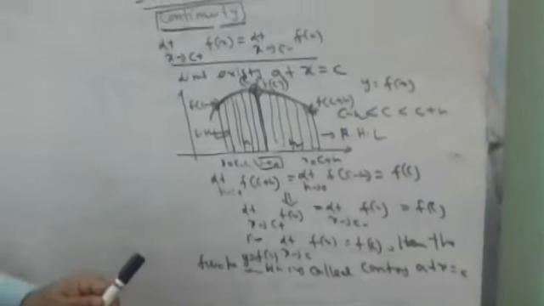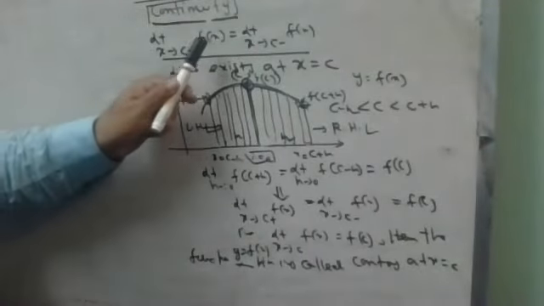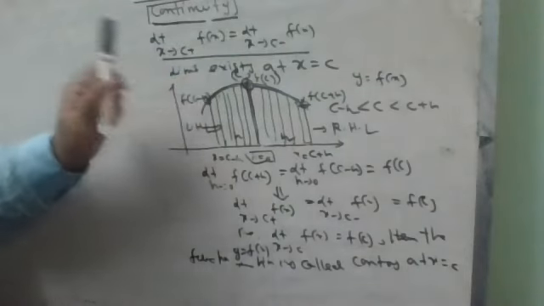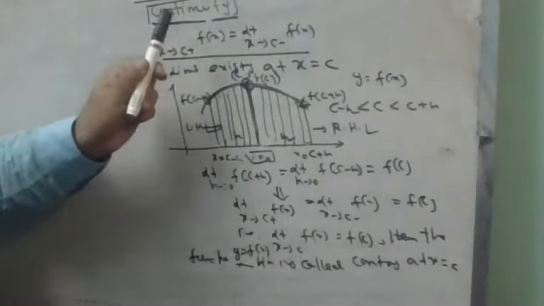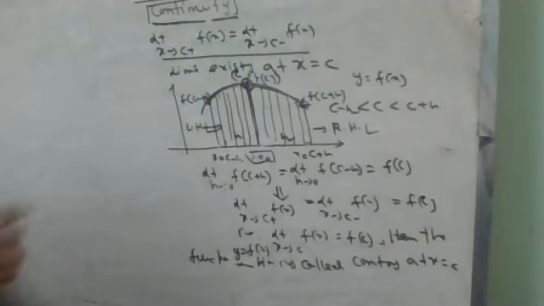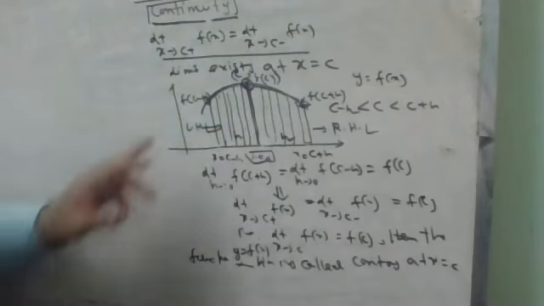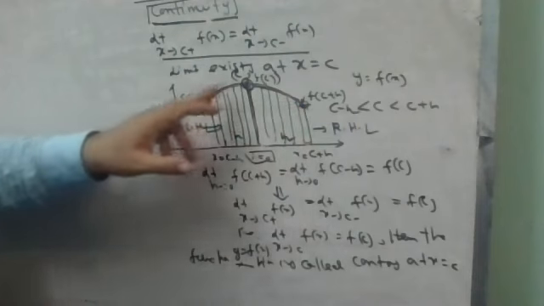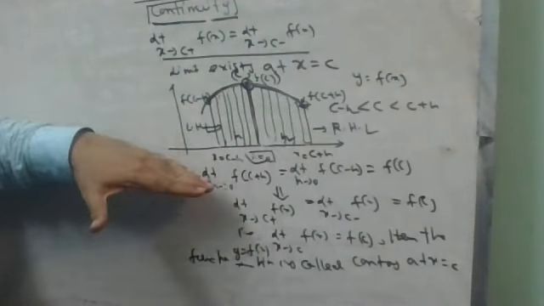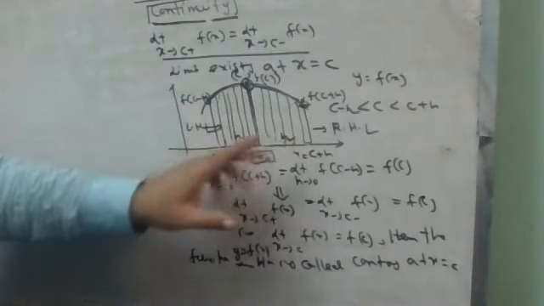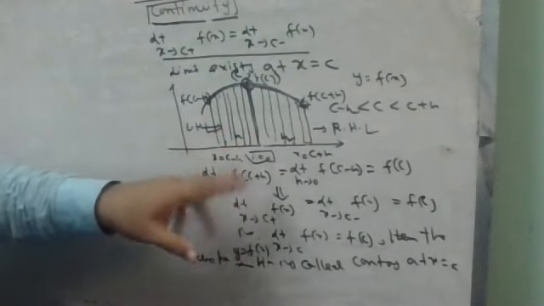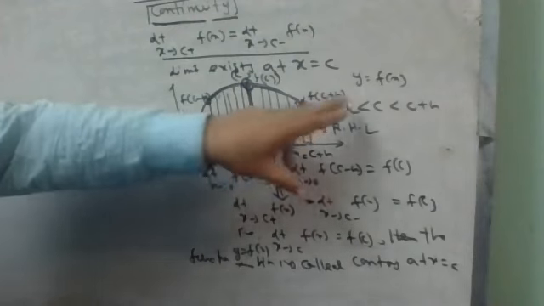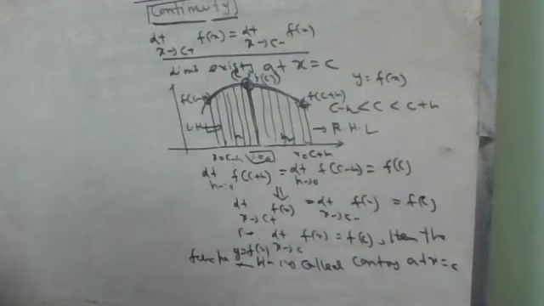So it is related to limit. Why? Because in class 11 we are taught the definition of limit, that if the left hand limit is equal to the right hand limit, then the limit exists at x is equal to c. Here we have drawn one curve in the xy plane, and there is a neighborhood of c, that is c plus h and c minus h.